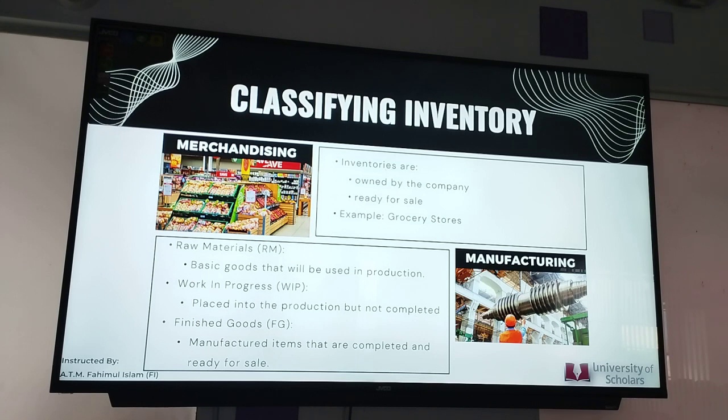We talk about that as work in progress. When they start working on their raw materials, assembling them, we say the products are in work in progress, which means the raw materials are placed in production but not completed yet.